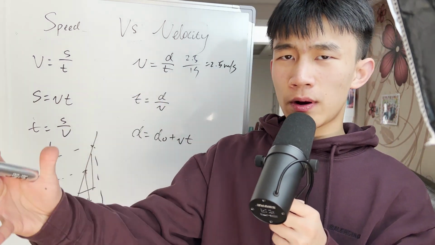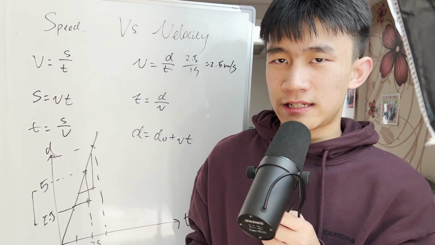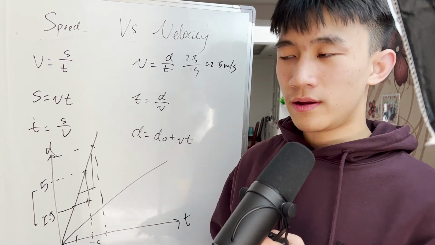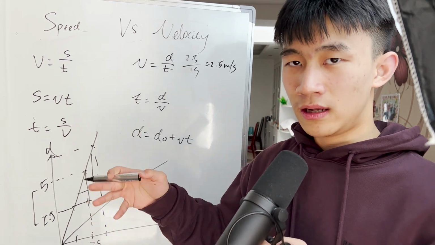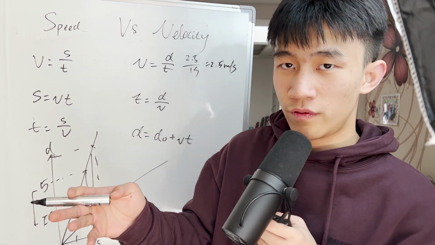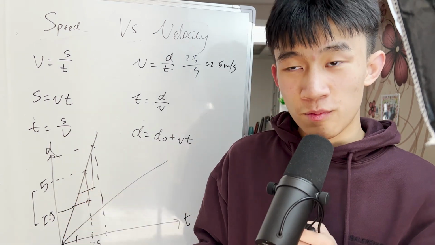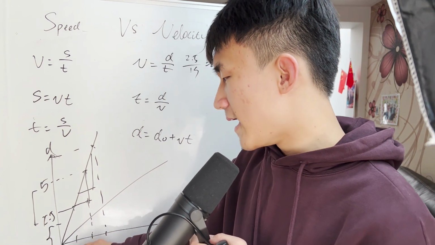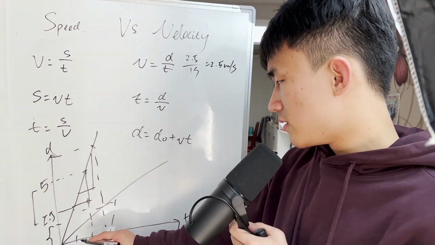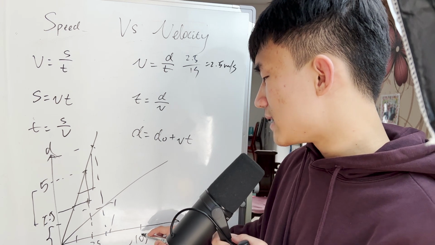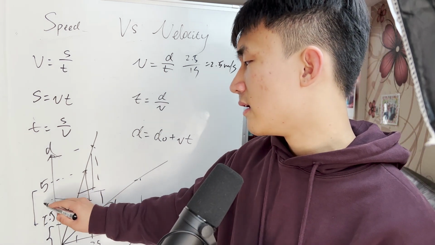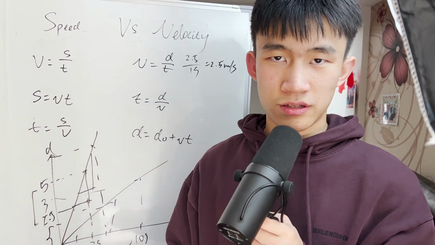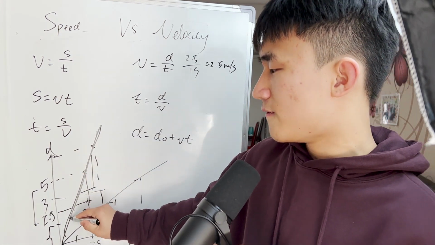This means the steeper the slope, the larger the velocity, the faster the object is moving, and the lower the slope, the less steep the line, the slower the object is moving, which actually makes sense, because if you move slower, you move a lot less in a large period of time, right? In this line, when 10 seconds have passed, I've only traveled like 3 meters, whereas 2 seconds already traveled 5 meters. So this line is clearly a lot faster, right?